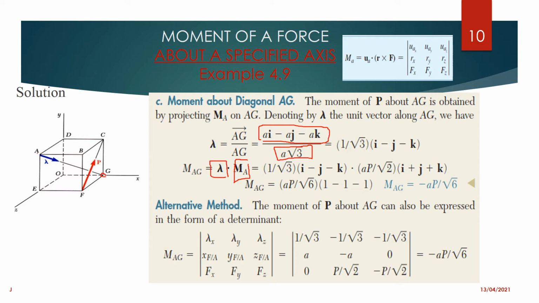When you do your dot product, you find your moment about AG to be equal to negative aP over square root of 6. The alternative method is just applying the triple scalar and using the determinant, you will still get the same solution.